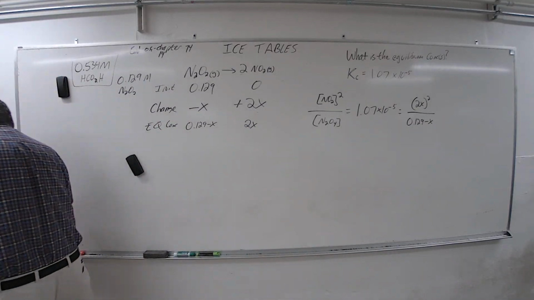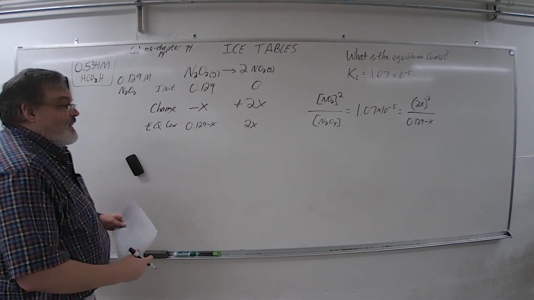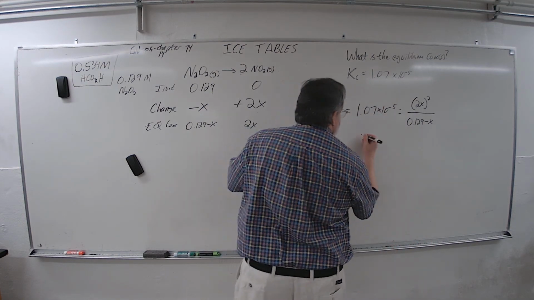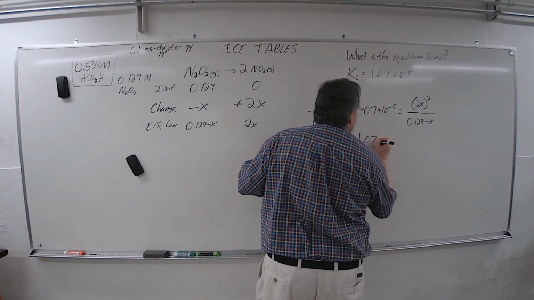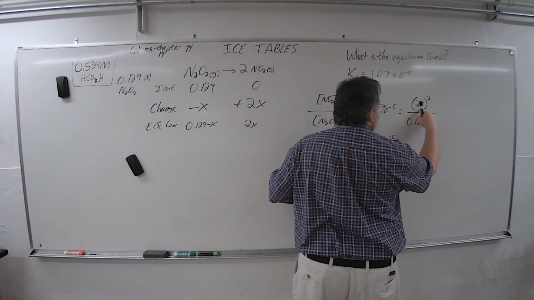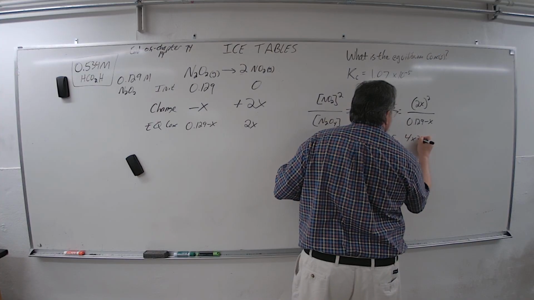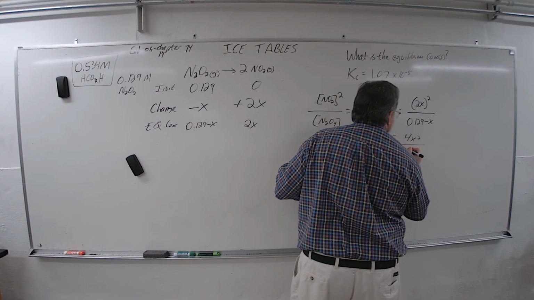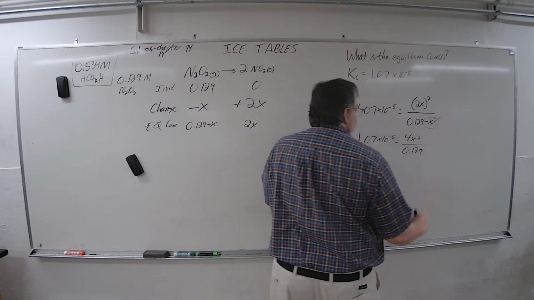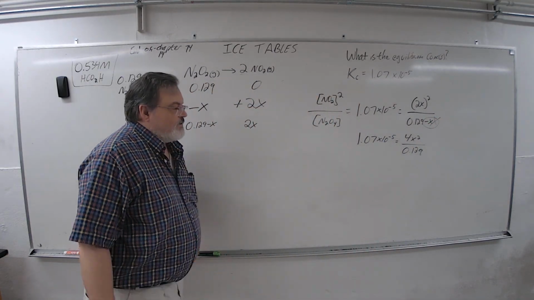And this one says explicitly you can assume this x is negligible. So now you've got this is going to be 4x squared. Going to make that negligible.